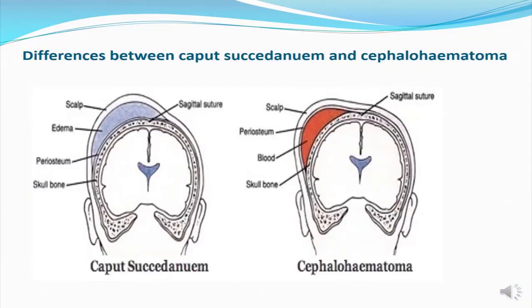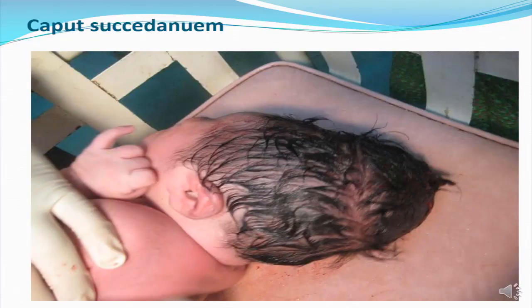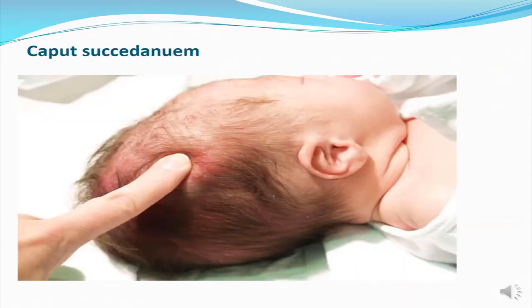Then this is the difference between the caput and the cephalhematoma on this figure. This is the caput succedaneum over the presenting part, which appears immediately at birth and disappears within a few days. It is a fluid collection rather than a blood collection. This is also caput succedaneum with pitting edema.